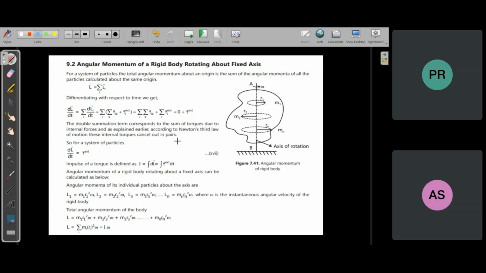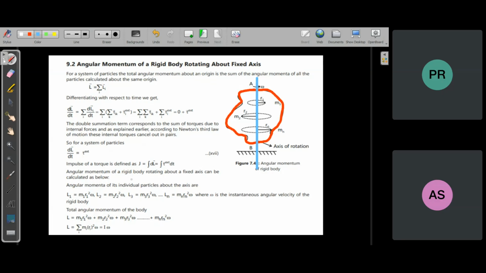Now, here you have to understand that if this is a rigid body and the body is fixed to rotate about a given axis, then if you look at the individual particle motion, you will find that all the particles will move in circles. So how to find the angular momentum of a particle?